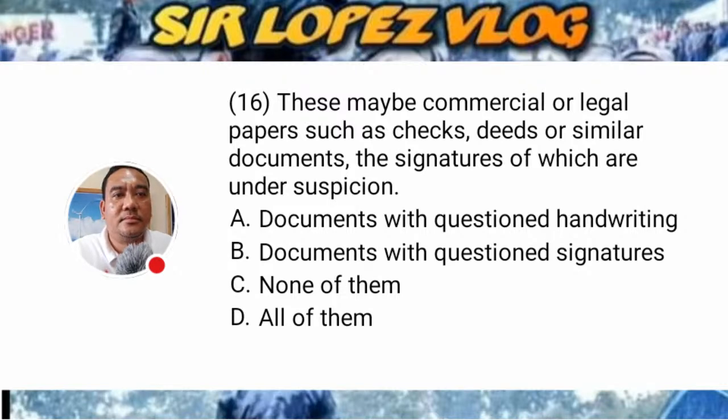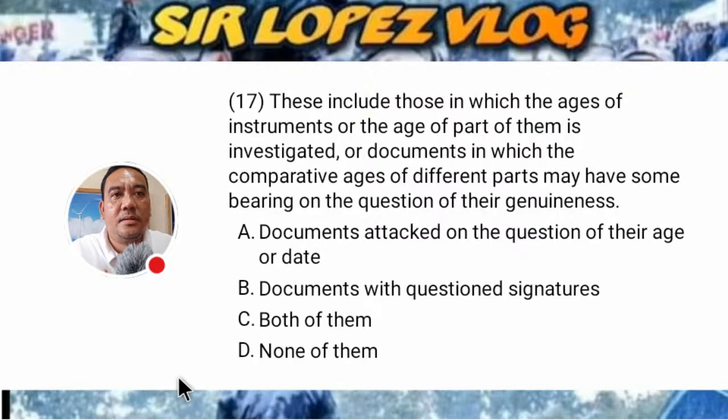Next, number 17. These include those in which the ages of instruments or the age of part of them is investigated, or documents in which the comparative ages of different parts may have some bearing on the question of their genuineness.